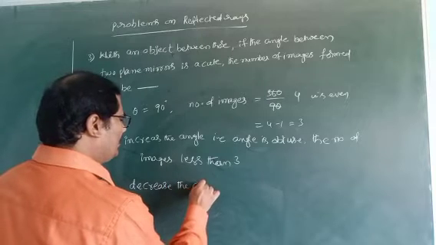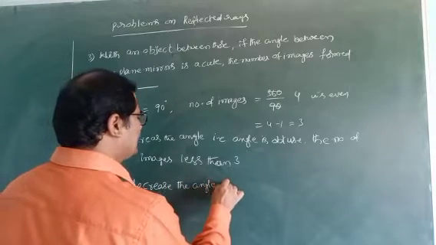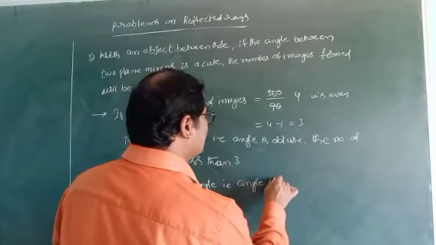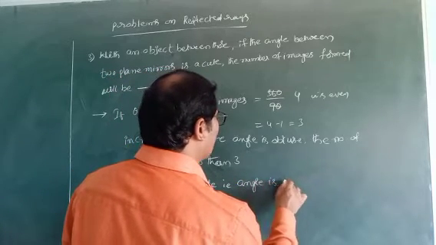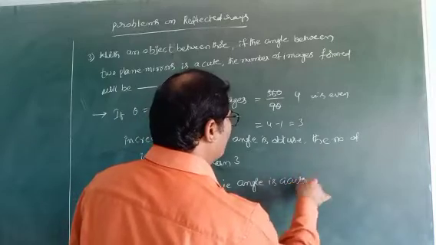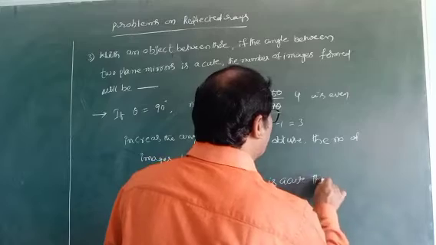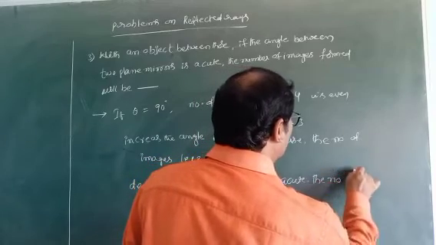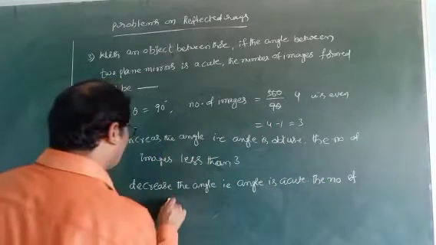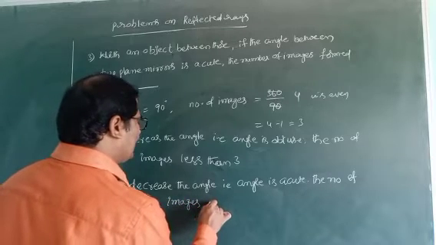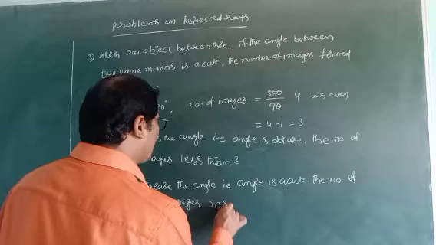Decrease the angle, that means the angle is acute, and the number of images is more than 3.